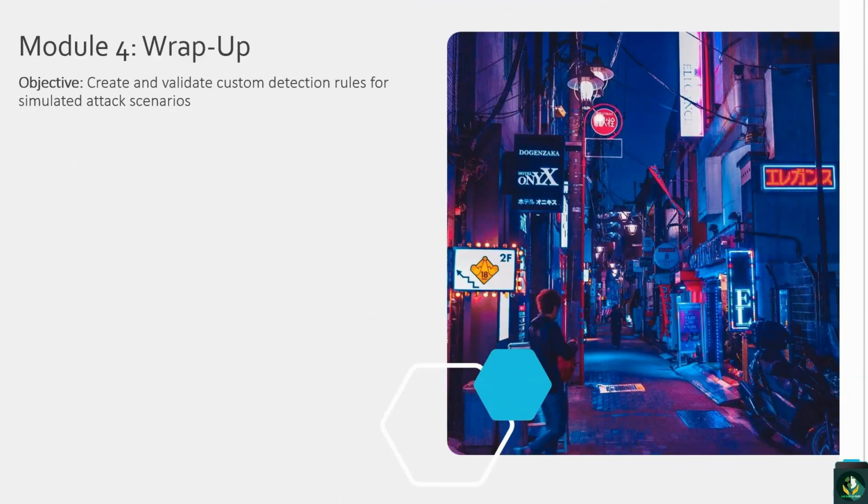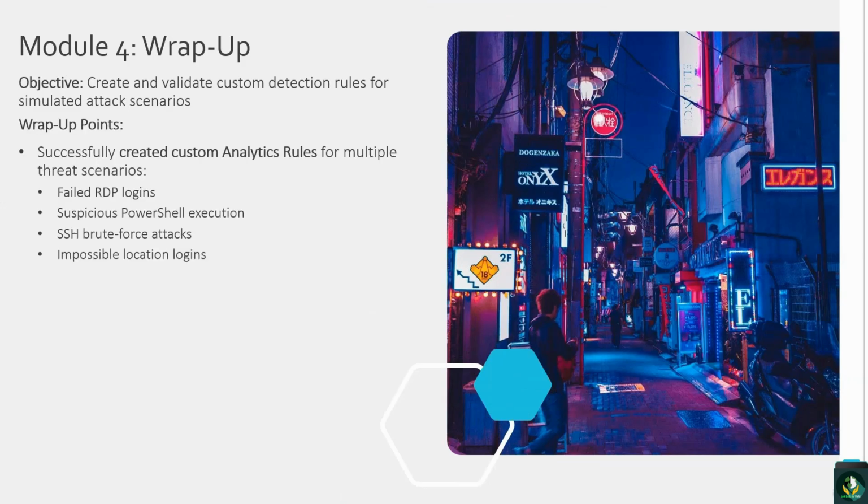Before we move on to Module 5, let's quickly recap what we accomplished in Module 4. First, we created custom analytic rules to detect critical security events: failed RDP logins, suspicious PowerShell execution, SSH brute force attacks, and impossible location logins.